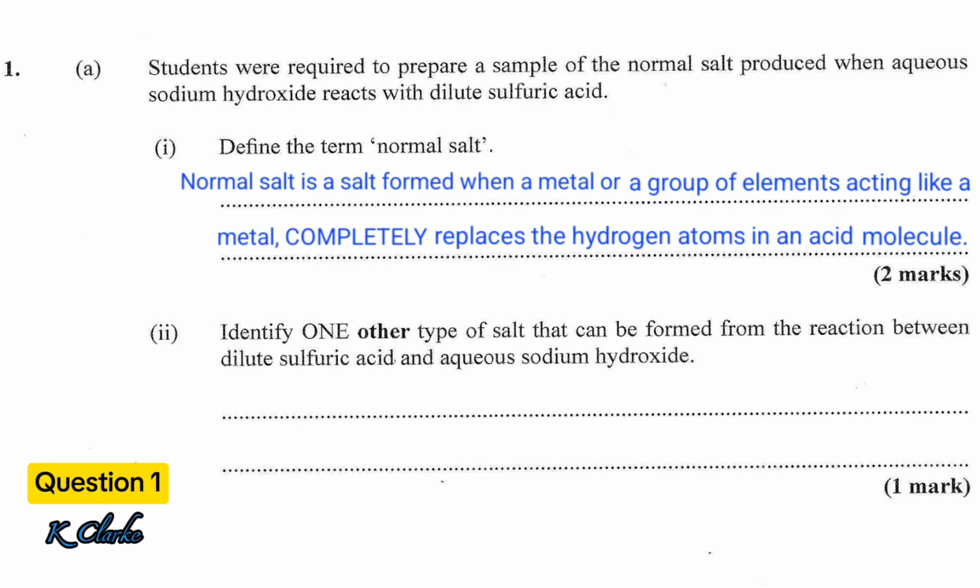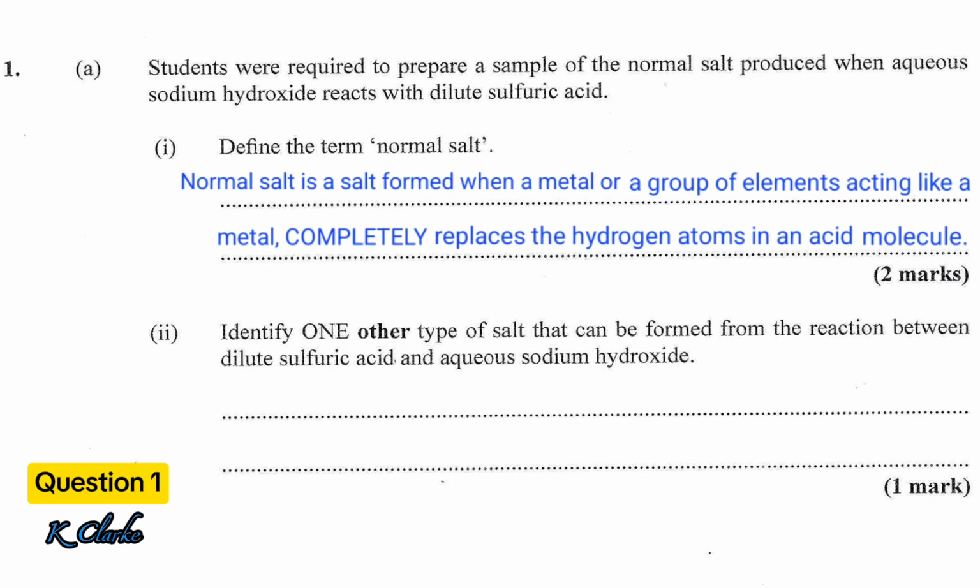Normal salt is a salt formed when a metal or a group of elements acting like a metal completely, I repeat, completely replaces the hydrogen atoms in an acid molecule.